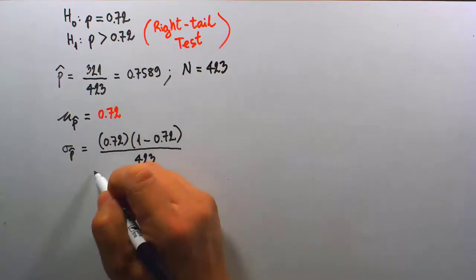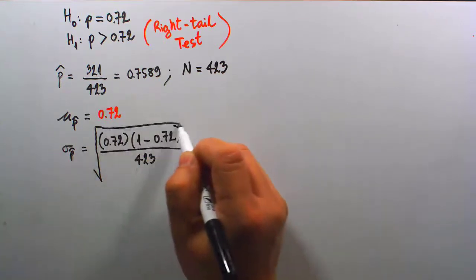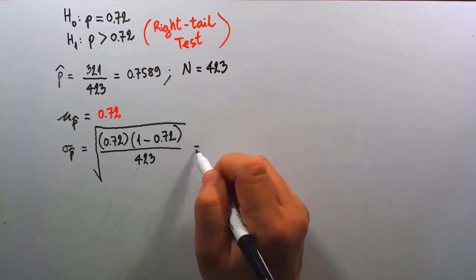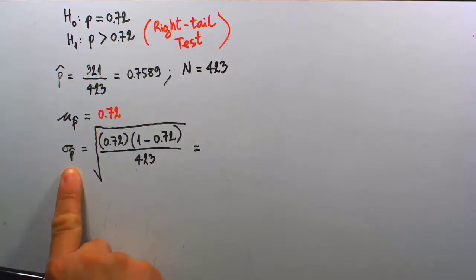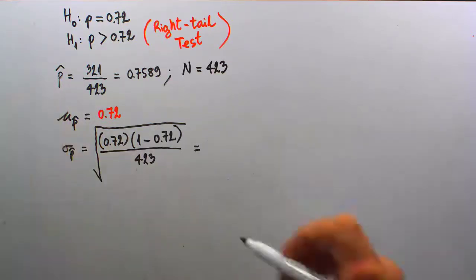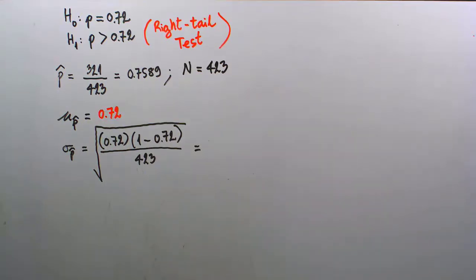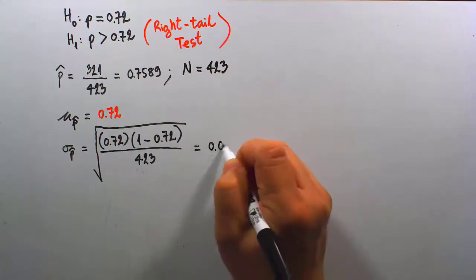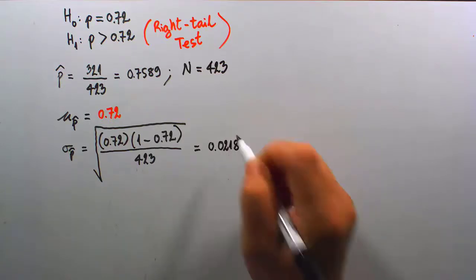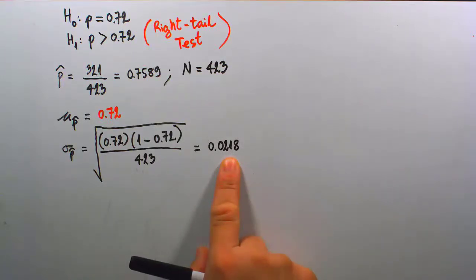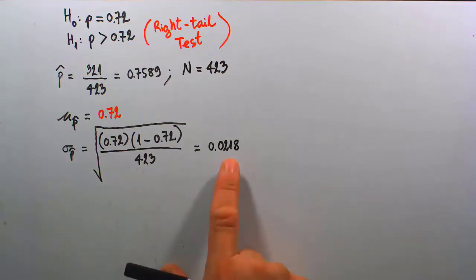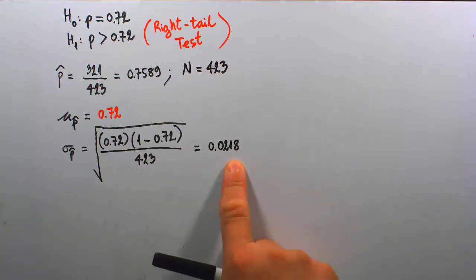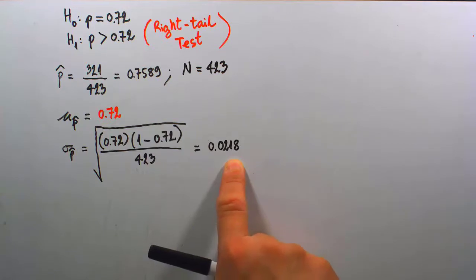This quotient is put inside a square root. In 4 decimal places, our sigma p hat value comes out to be 0.0218. Unless specified otherwise, for sigma p hat I would usually go for 4 decimal places. And so this is the average spread of all sample proportion values out there, including ours.